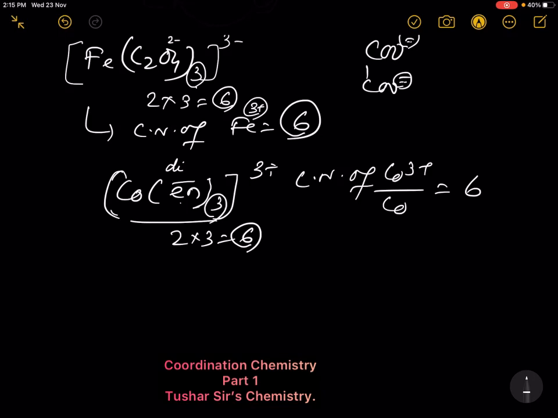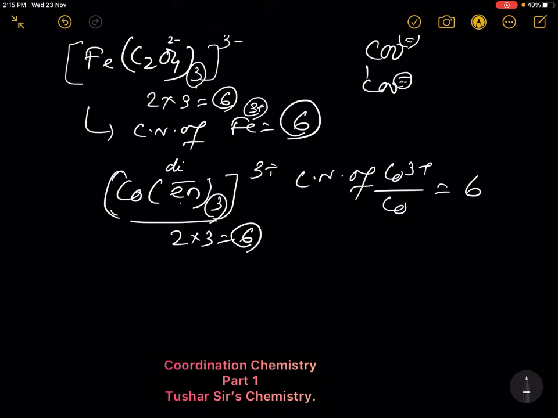It is important to note that the coordination number of the central metal atom or ion is determined only by the number of sigma bonds formed by the ligands with the central ion or atom.